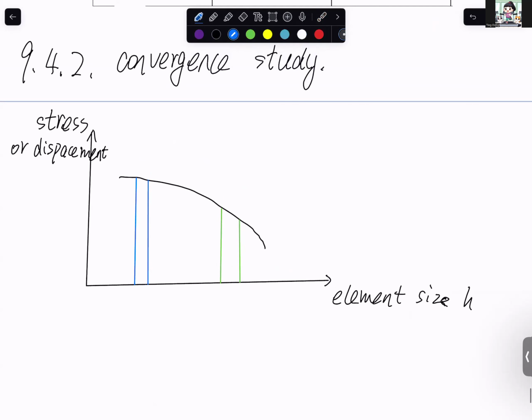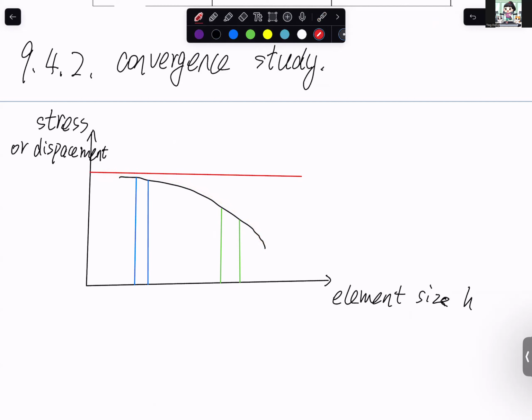We can say that we put a straight horizontal line here. This is, based on the FEA method, the exact value. There's no real analytical calculation of the exact value, but based on the FEA method, we see a trend here and it gradually converges to this value, this is the exact solution from FEA.